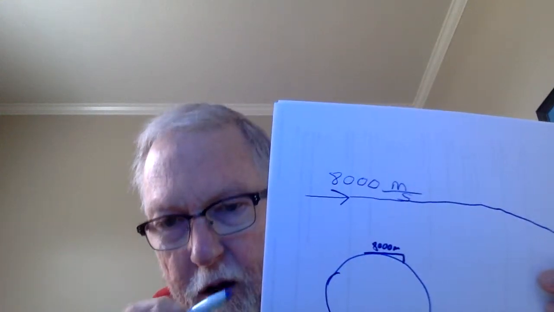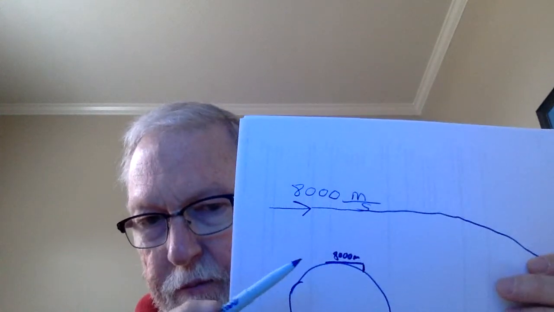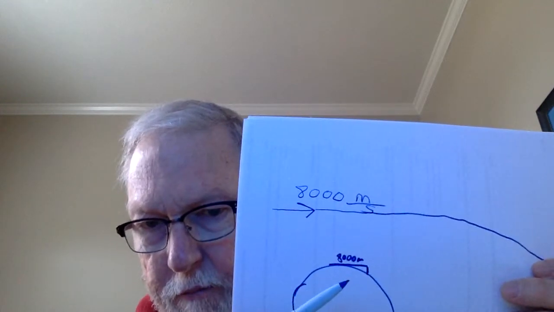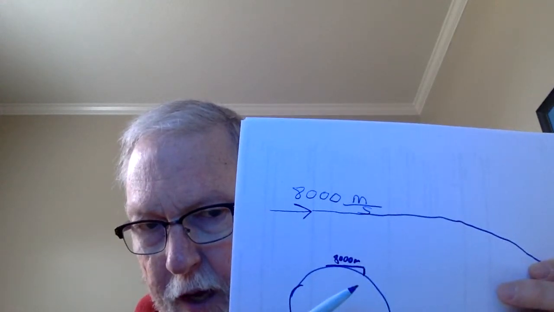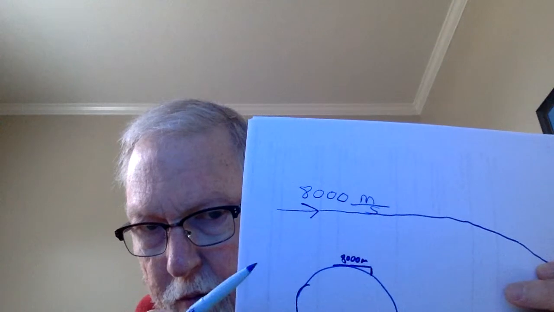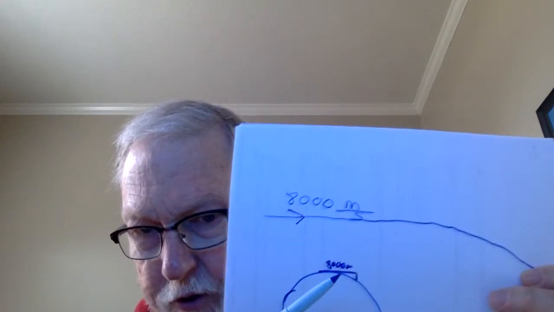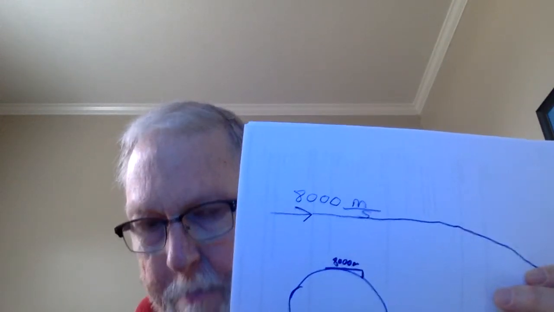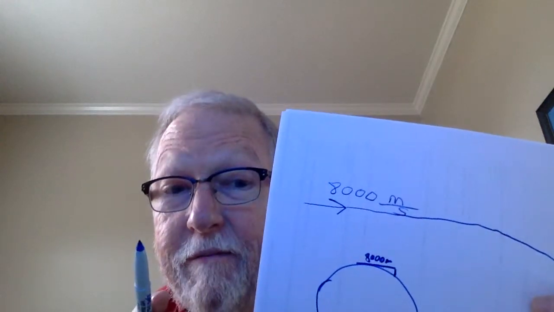And if it falls 5 meters in 8,000 meters horizontal range, what does that mean? It means that the cannonball will never hit the ground, because it's going at 8,000 meters per second, and every second it falls 5 meters, it never touches the ground.